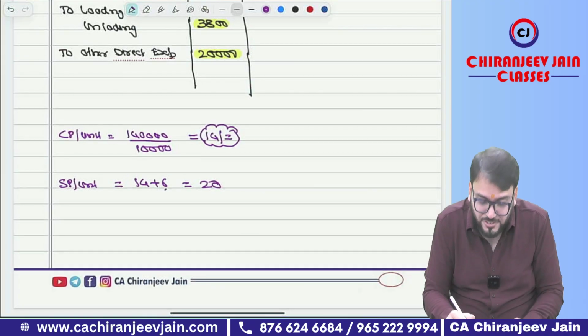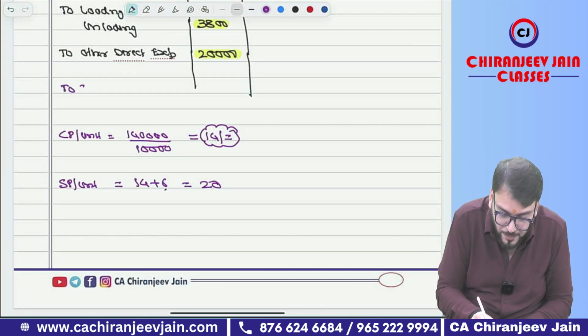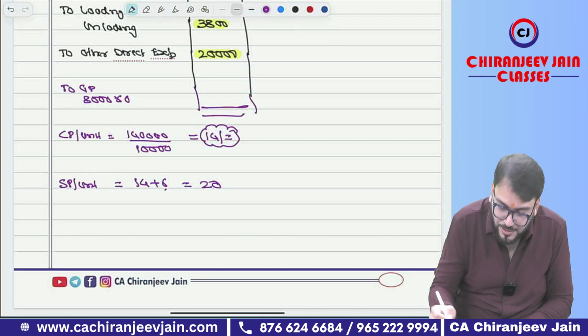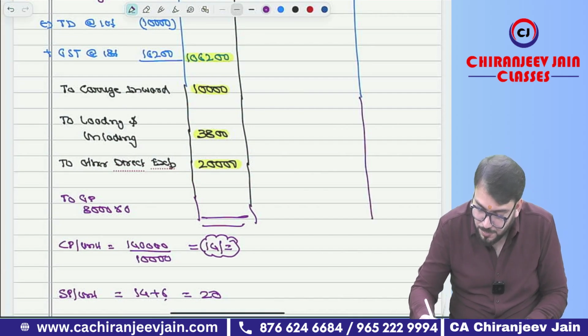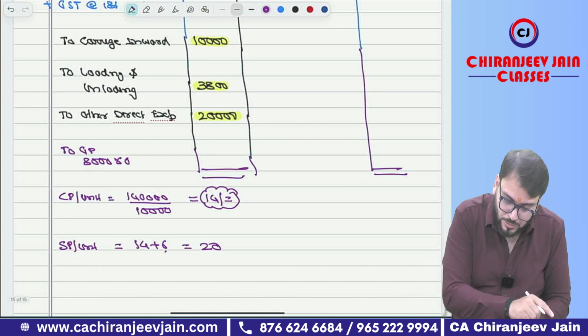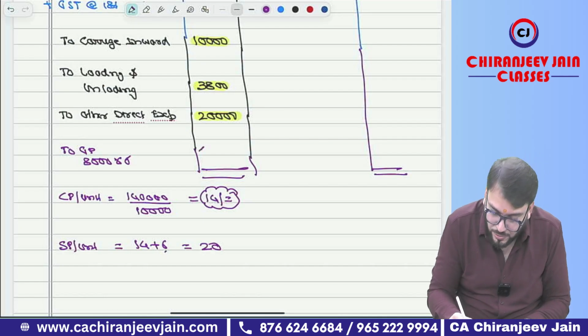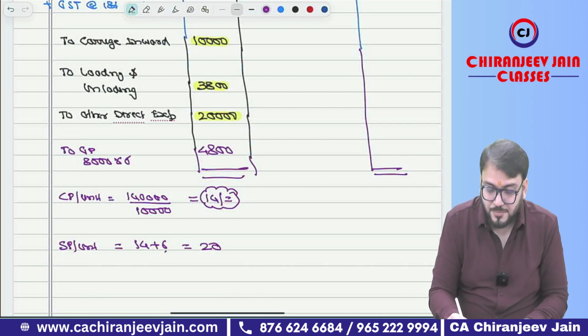Your profit margin is 6, so you can directly calculate your gross profit: 8,000 into 6 is equal to 48,000. This is your gross profit.